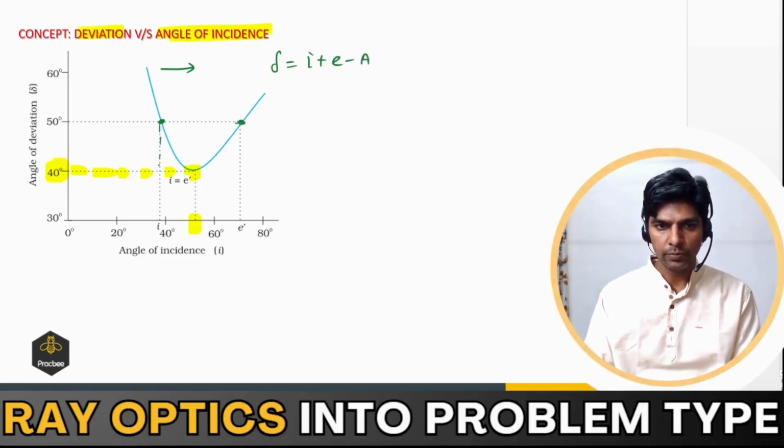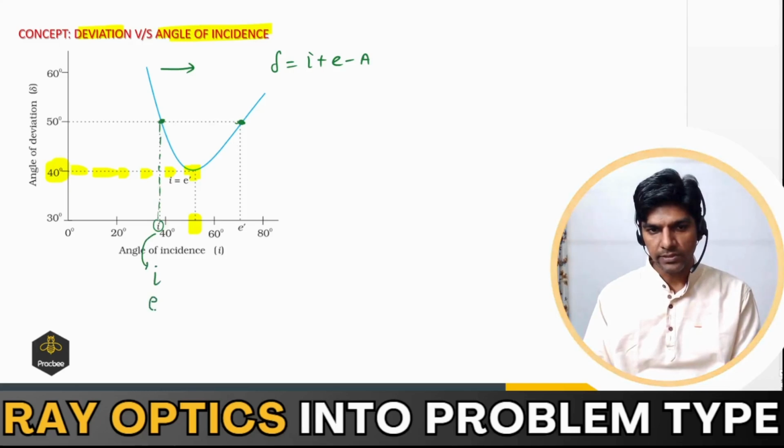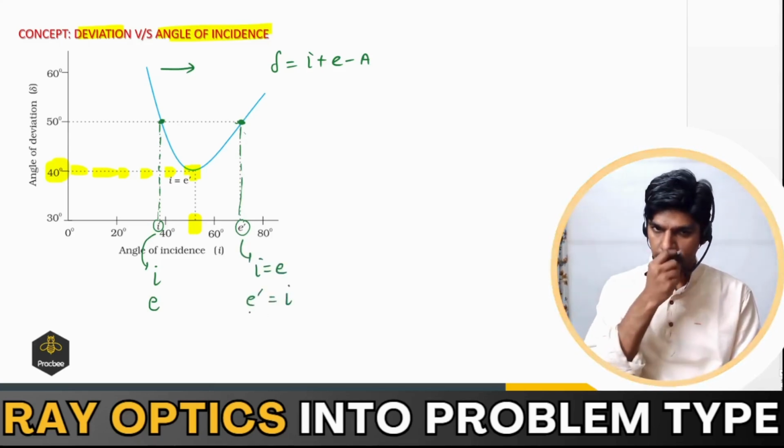Suppose at this particular point, the angle of incidence is I and the angle of emergence is E. Then at this particular value, the angle of incidence will be E and the angle of emergence will be I. Is it clear?